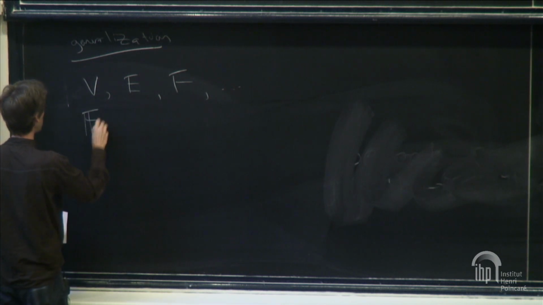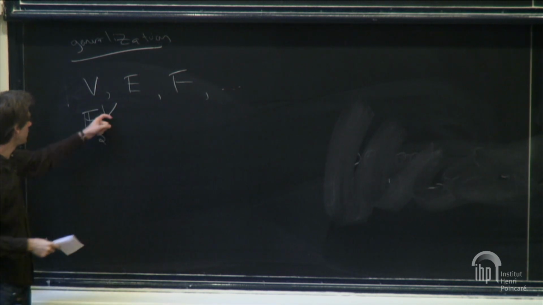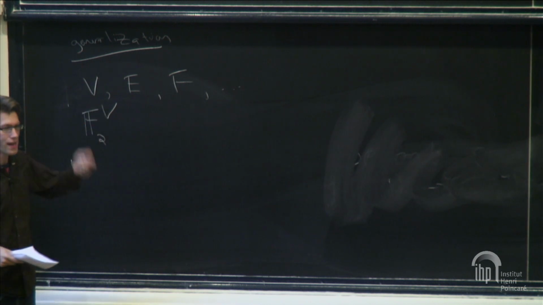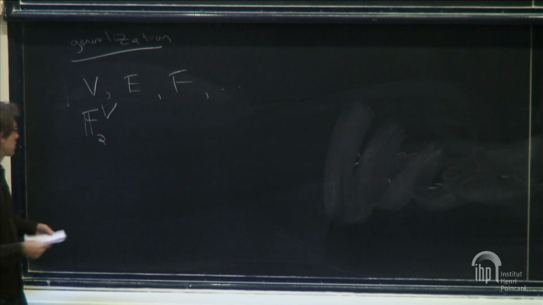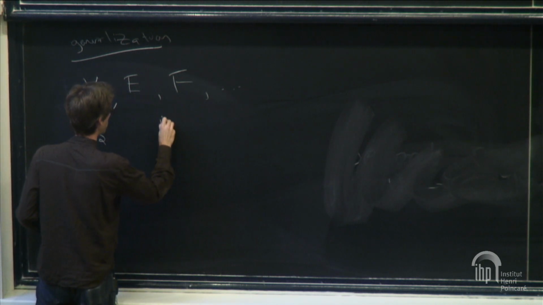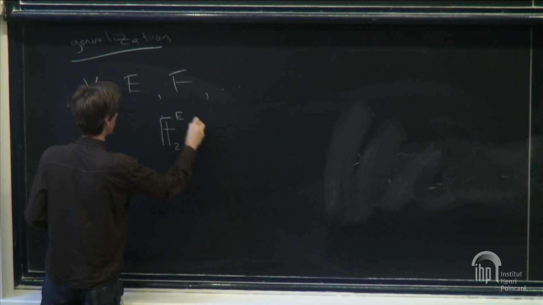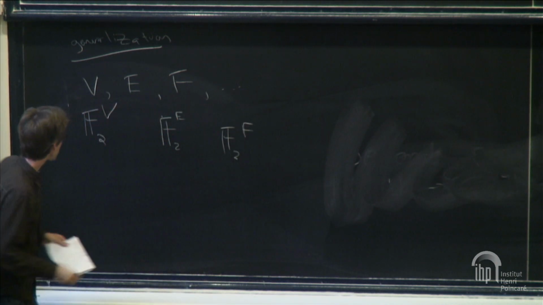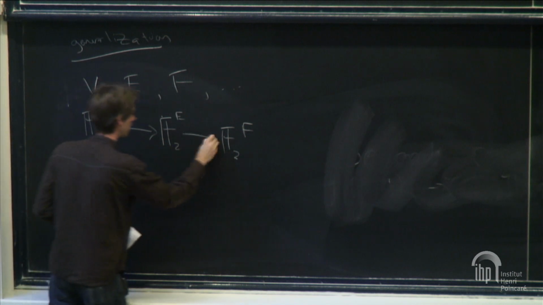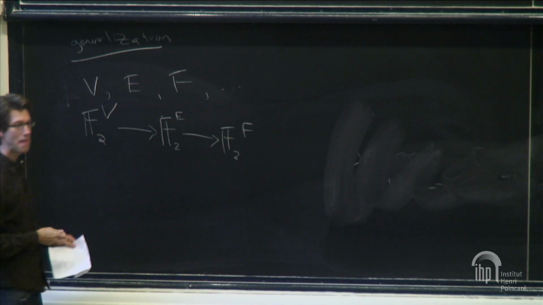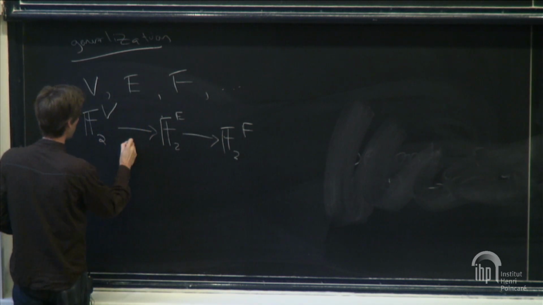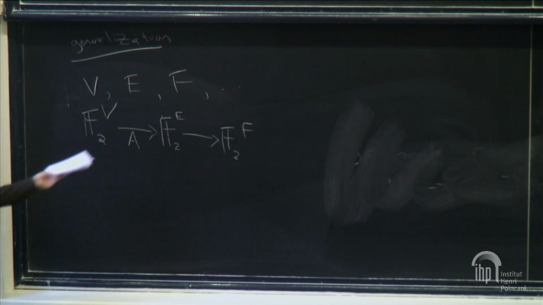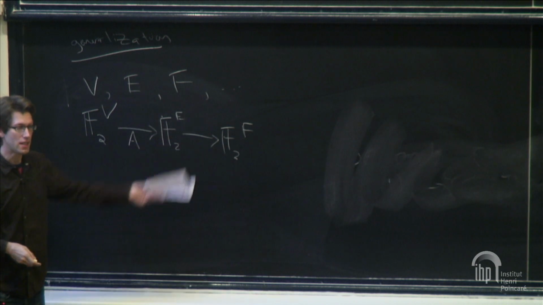So let me write F2 to the V means the vectors that assign 0 or 1 to every vertex. And similarly for the edges and the faces. And then I can have boundary maps between them. And so this matrix A is going to be the boundary map from V to E.